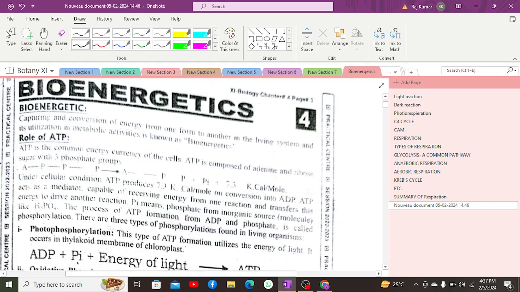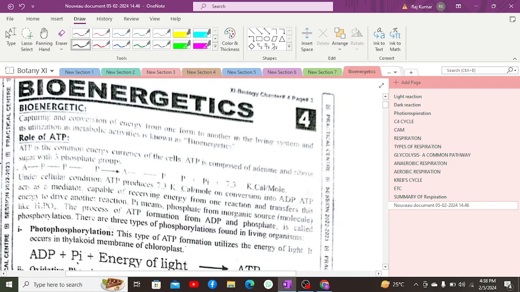Under cellular condition, ATP produces 7.3 kilocalorie on conversion of ATP into ADP, and acts as a mediator capable of receiving energy and transferring the energy to drive another reaction.